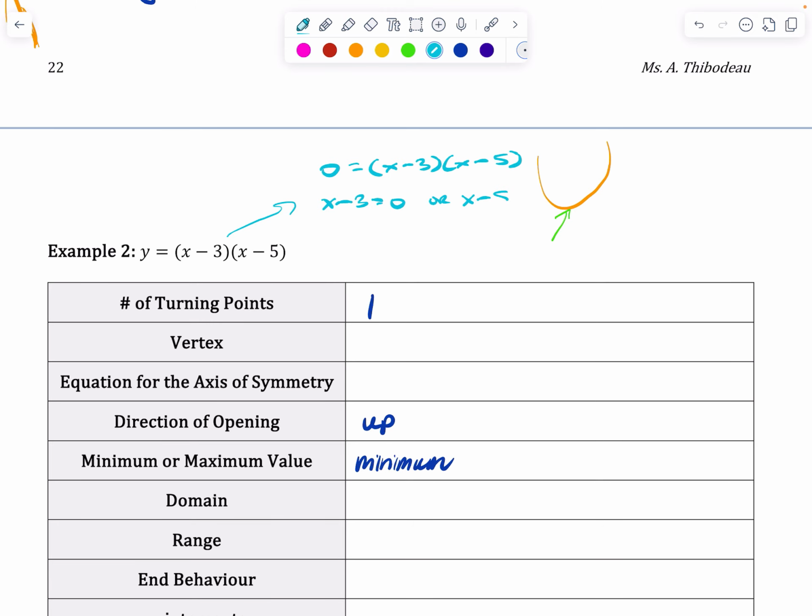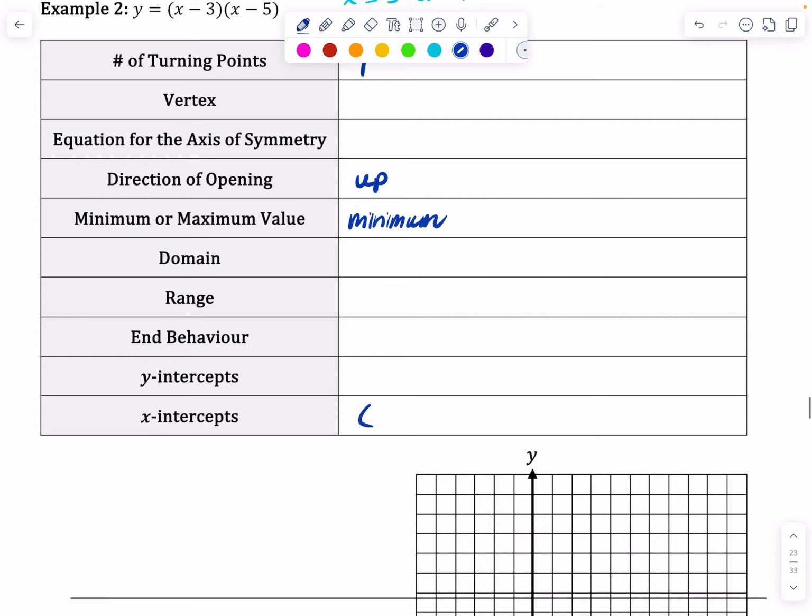You might have spotted it already at the beginning, but that tells us that x is 3 or x is 5. So those are our x-intercepts, and we can fill those in. That's (3, 0) and (5, 0).